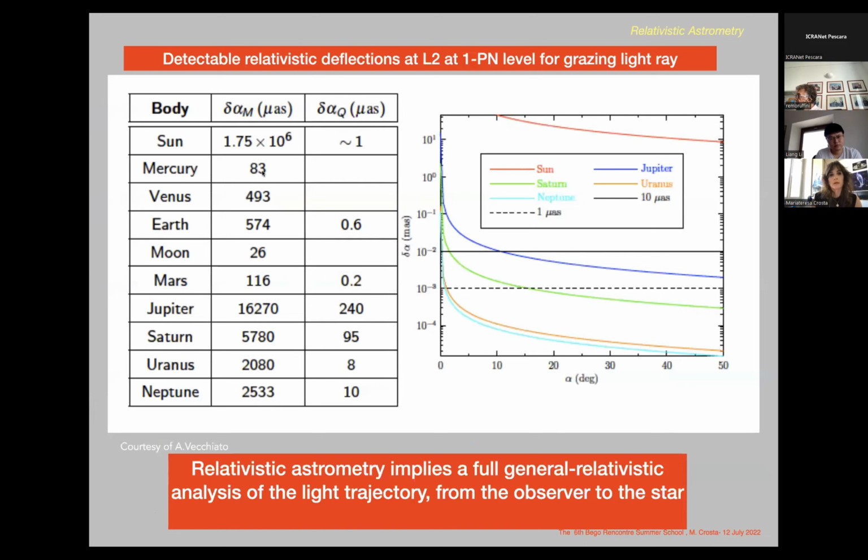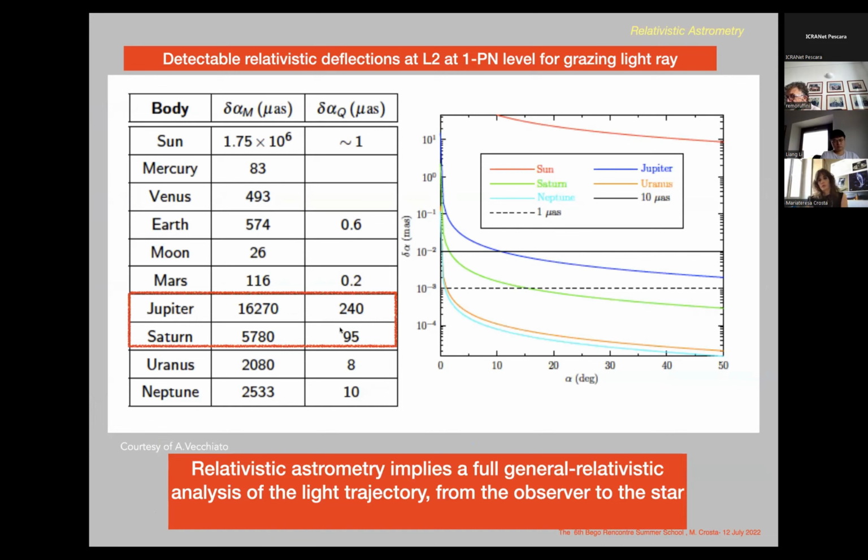And then at the 1 microsecond threshold, you can see that the sun is ever present, as you told before, so we cannot avoid the presence of the sun, and also Jupiter, and also the other planets. Even the oblateness of the planets such as Jupiter and Saturn gives a contribution to the light deflection.